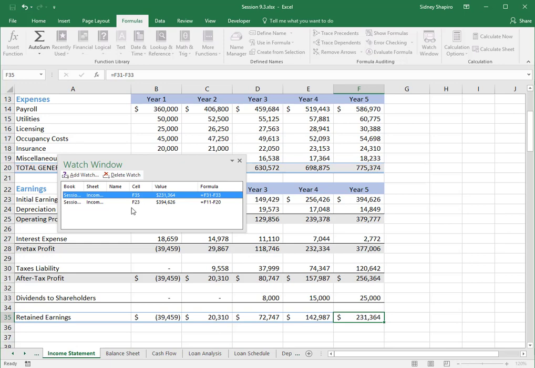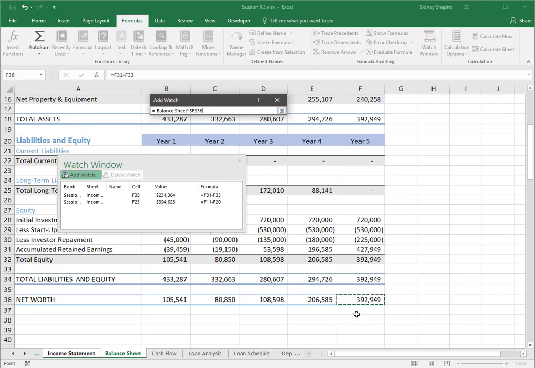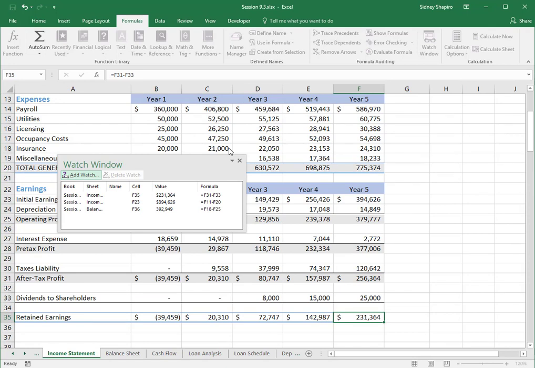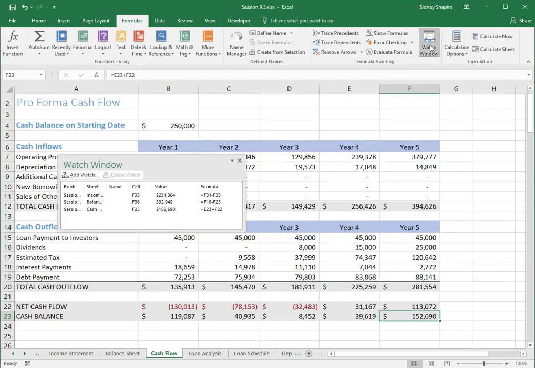And we have F36. Nope, I'll add that one. So I press Add Watch. F36. Oh no, that's on balance sheet. There we go. That makes more sense. F36. Hit Enter. Press Add. There we go. Sorry, I had to fix them. I did it wrong the first time. So basically now I have my income, balance, and cash flow, and the right cells with the right values. That should sort of match what I have here.